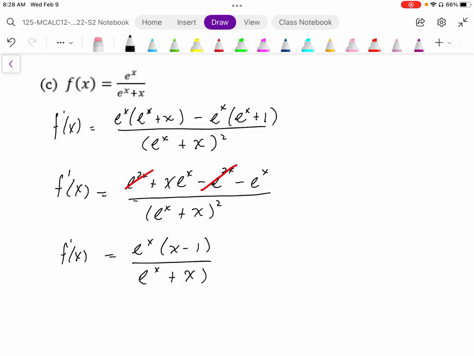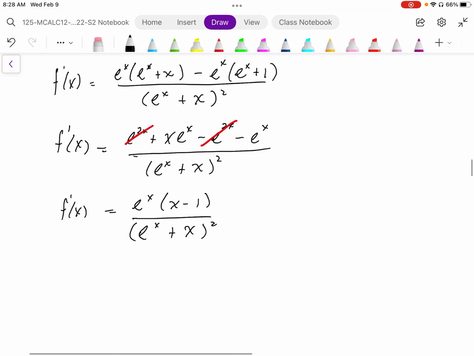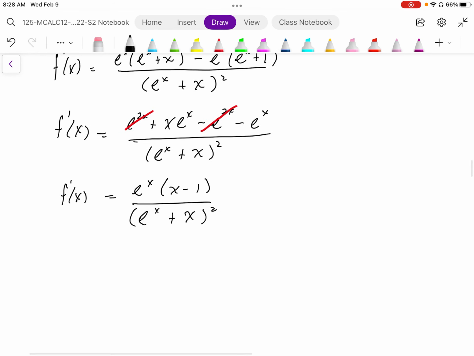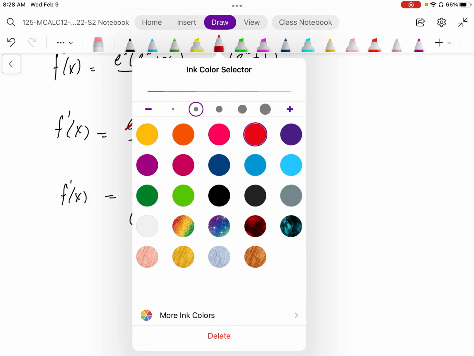So at this point, I have to decide, do I want to differentiate the factored form? That means I have to embed the product and quotient rule together. And that doesn't look too bad, so I'm going to leave it like that and differentiate this expression instead of having the unfactored form.